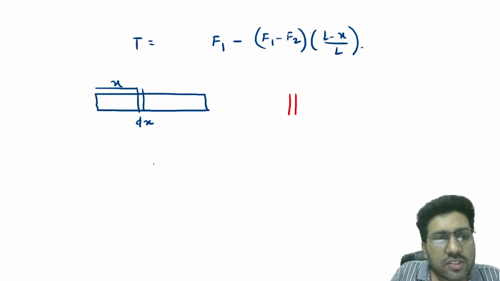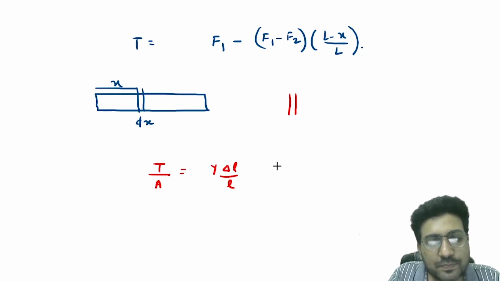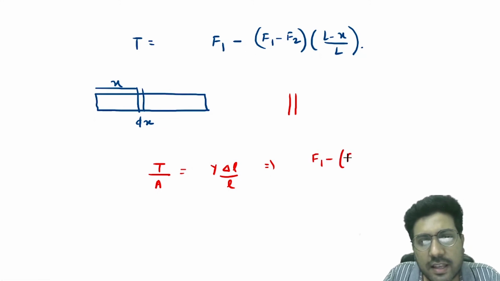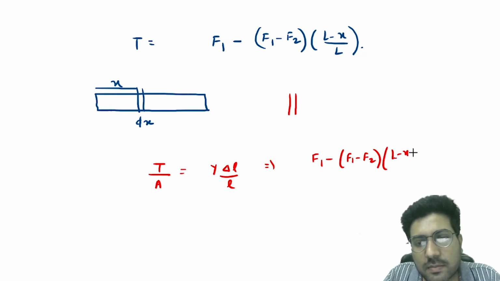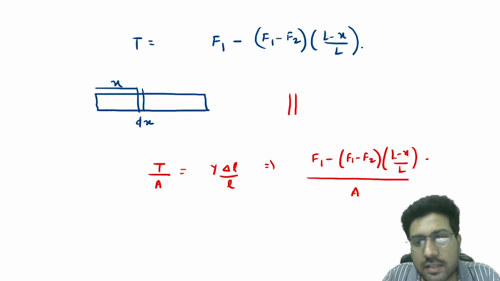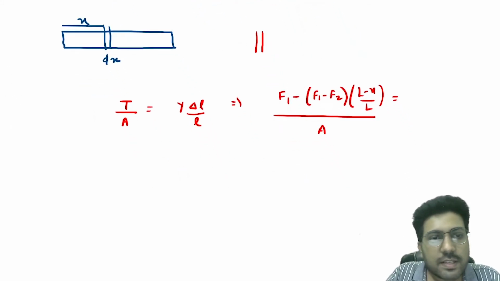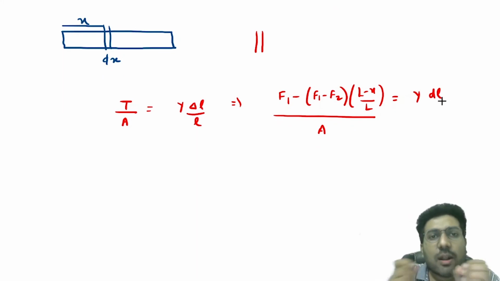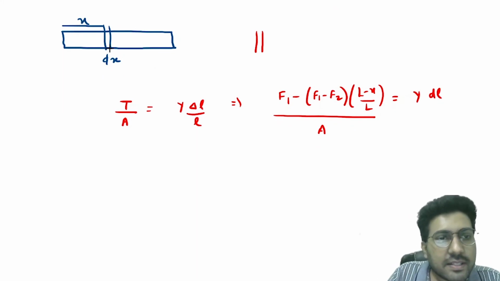You know that stress is equal to Y strain, so I'll write T by A is equal to Y delta L by L. The tension here will be (F1 minus F2) into (L minus x) by L, divided by A, is equal to Y multiplied by delta L. Delta L means the elongation of this element.